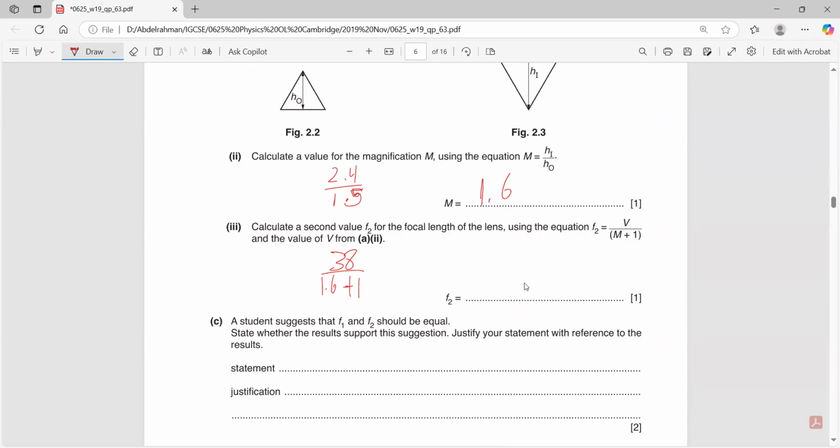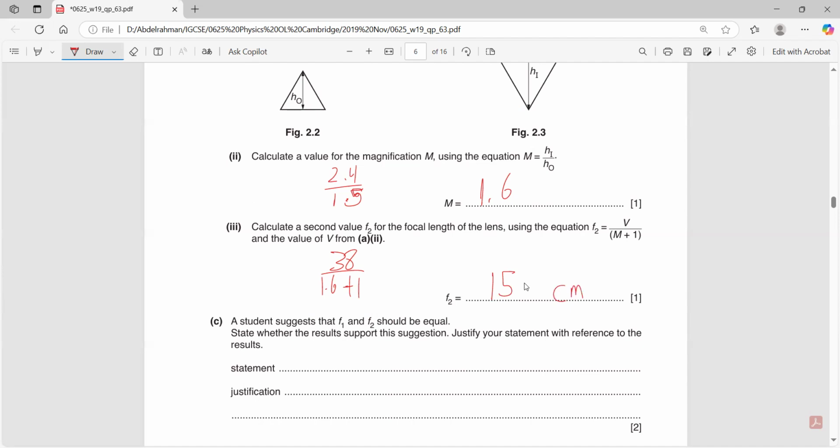Can I use it? Yes. So f2 would be 14.6, or you can write 15 if you want two significant figures. Centimeters. Yes, you have to use the unit.